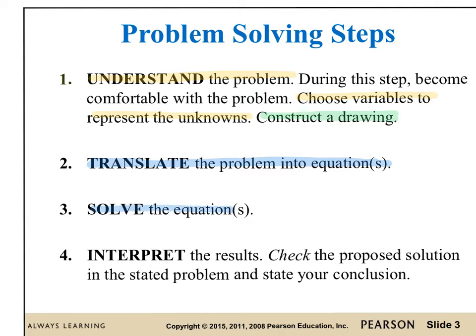And then the last step, and honestly the most important step, is to interpret the results, which means that you have to state your conclusion. Don't tell me W equals 11, because I didn't ask you what W equals. The problem asked us what was the width and what was the length, and we needed to answer that question. So I'm going to follow this process and do some more problems.